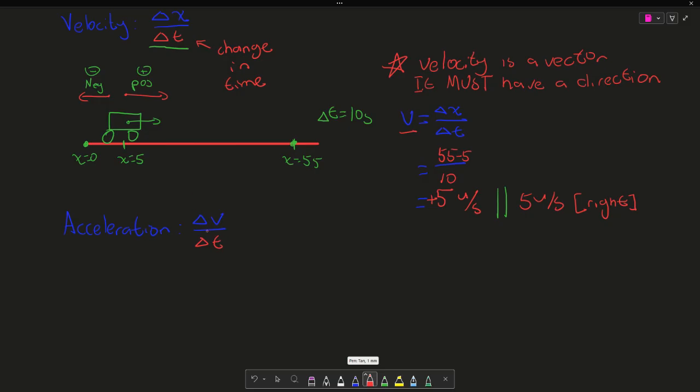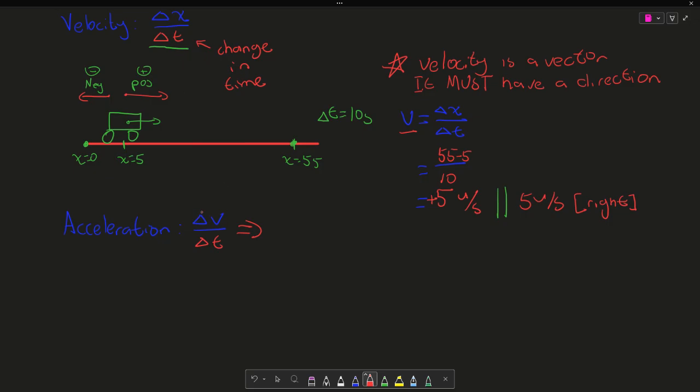And we can actually modify this equation to help us solve more complex questions. And in most problems, we would use this. So we know the formula for velocity is delta x over delta t.